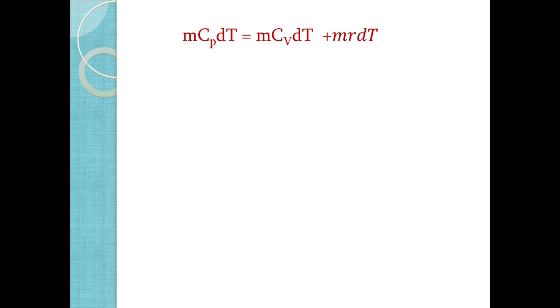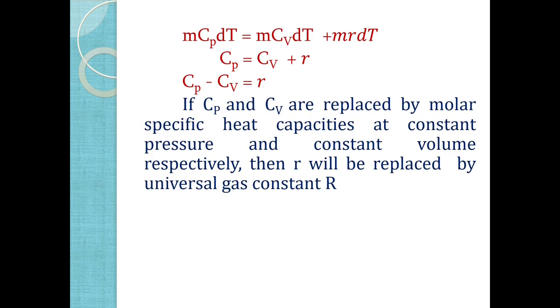Throughout this equation m is there and dT is also there, so let us divide by m dT. When we divide we get Cp equal to Cv plus r, or Cp minus Cv equal to small r. If Cp and Cv are replaced by the molar specific heat capacities at constant pressure and constant volume, then we can replace small r by capital R, that is for larger quantities.